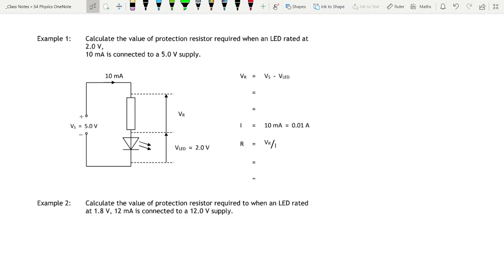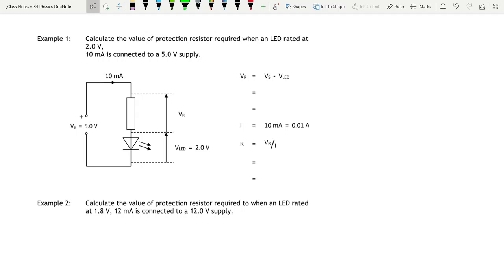You do the same steps every time for an LED question. So it says, calculate the value of protection resistor required when an LED rated at 2 volts, so that's how many volts can go through it, and 10 milliamps, that's how many amps can go through it, is connected to a 5-volt supply.